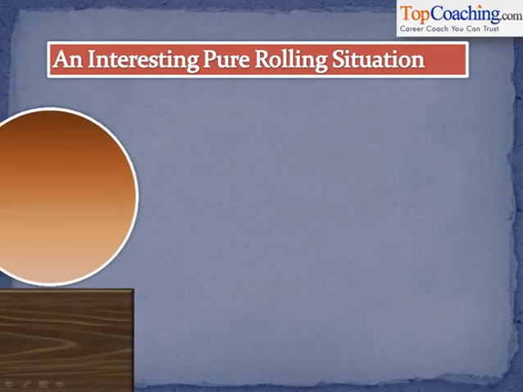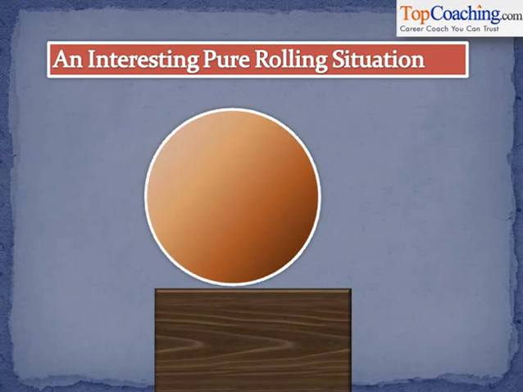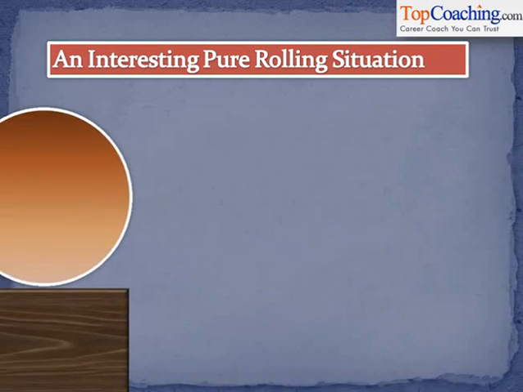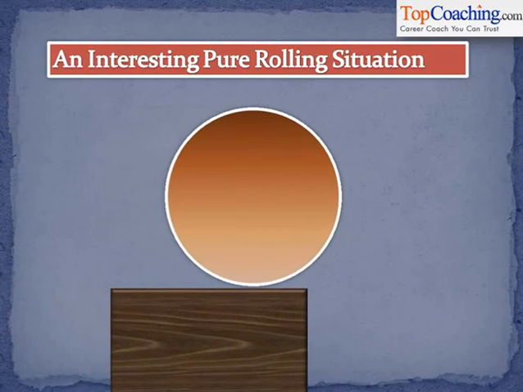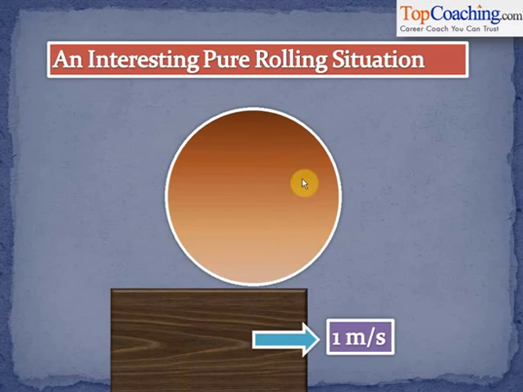Understood? Sometimes it could mean the relative velocity of the bottommost portion of the wheel is 0. It is not necessary that the absolute velocity of the bottommost portion of the wheel is 0. Understood? The velocity of the bottommost portion of the wheel with respect to the floor is 0. Suppose the floor itself is moving to the right with a velocity 1 meter per second.